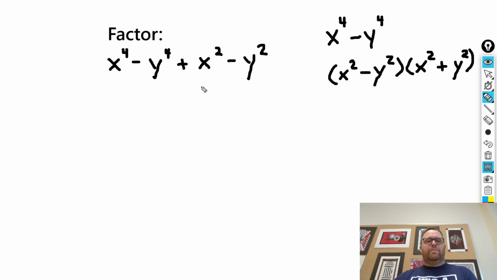So what that means is both this here and this here, we can factor out a common x squared minus y squared. So I'm going to factor out x squared minus y squared.